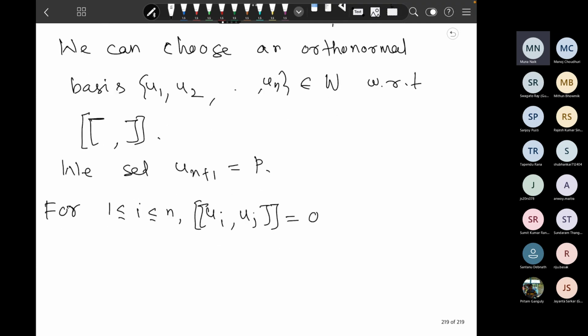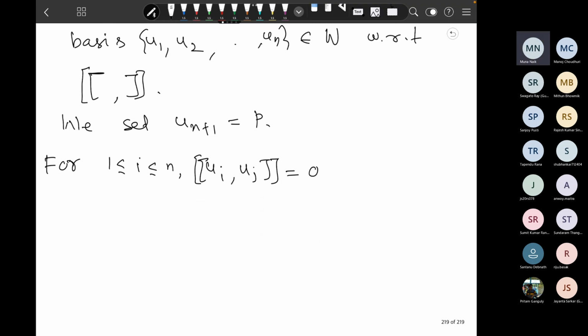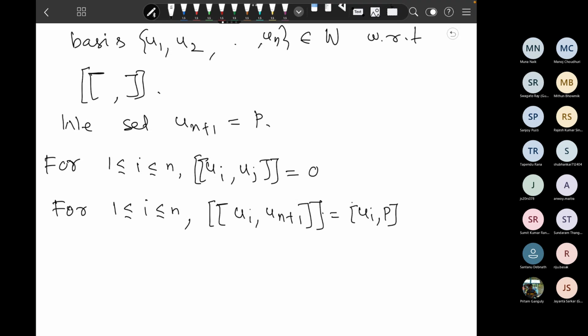Because of the construction. And for 1 ≤ i ≤ n, this thing is <ui, un+1>. This is really <ui, p>, and this is also 0.